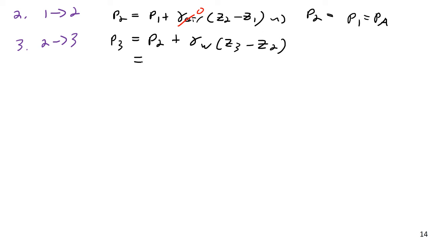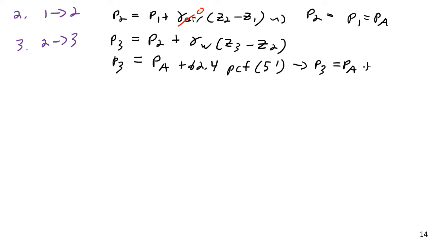I know that P2 is PA, so P3 is PA plus 62.4 pounds per cubic foot times Z3 minus Z2, which is a difference of 5 feet. And P3 is simply PA plus 312 pounds per square foot, PSF.